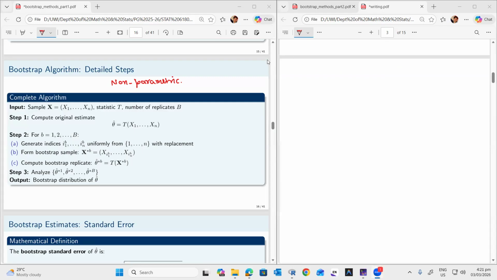A data set is called non-parametric when you cannot associate that data set with any particular distribution.